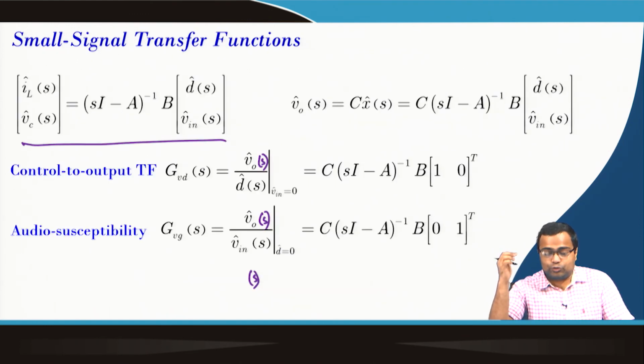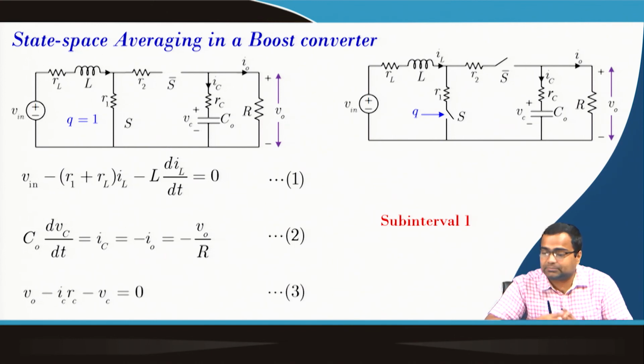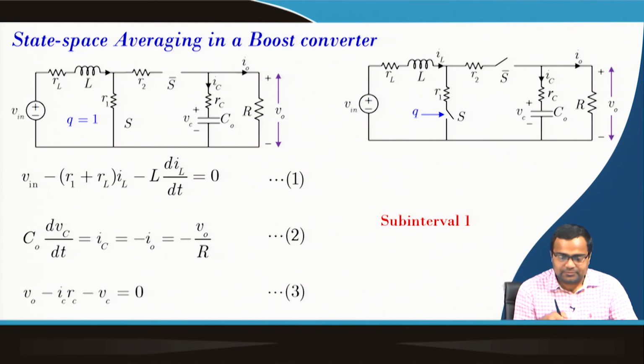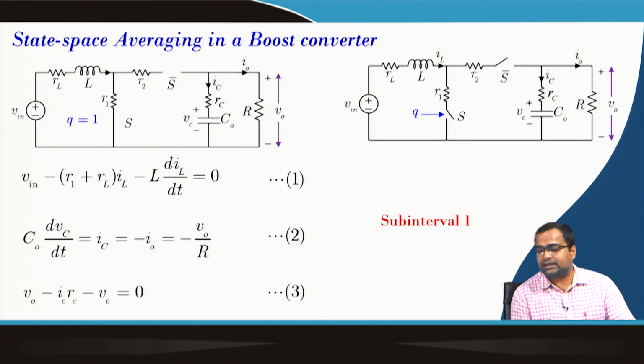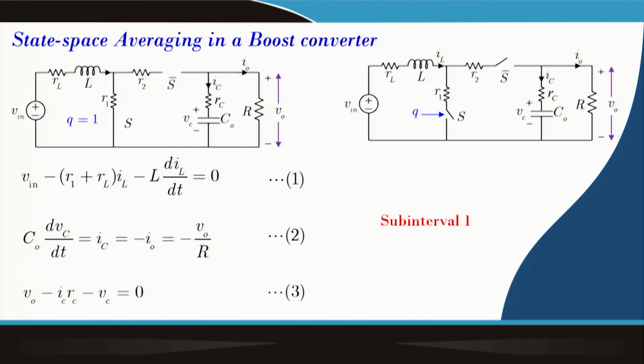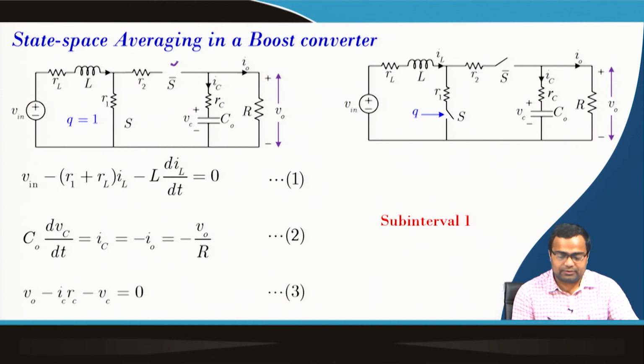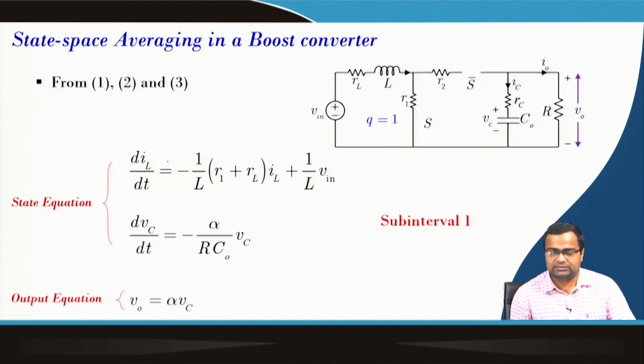But if we take a boost converter, it is something different, where in a boost converter again we can take two sub intervals, sub interval 1, sub interval 2. In this case our main switch is on and the complementary switch is off, and we can write down all the equations and then we can plug in to make the state space equation, where again we are taking x1 to be IL and x2 to be Vc, the capacitor voltage.